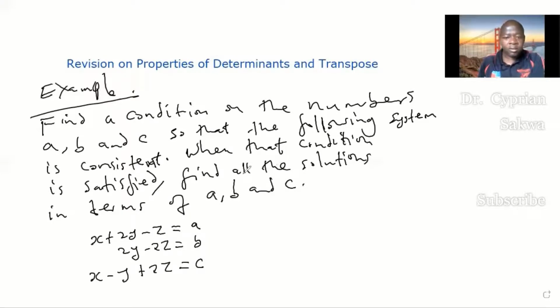Now, you know what a consistent system is. This is a system that has a solution. And we said last time that a system that has no solution is referred to as inconsistent.